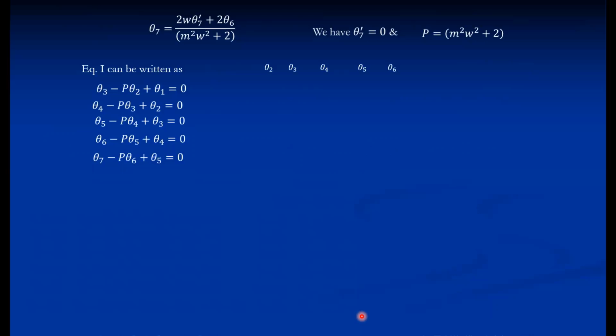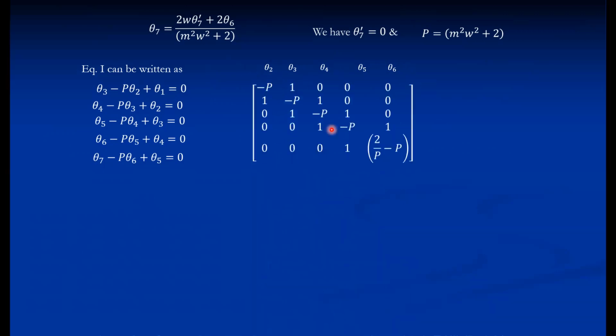Now the same equation we can write in matrix form. In matrix form, we'll consider the coefficients of only θ2 to θ6, because θ1, which is equal to θ0, and θ7 we know. So no need to use the coefficients of these. This is the coefficient matrix.